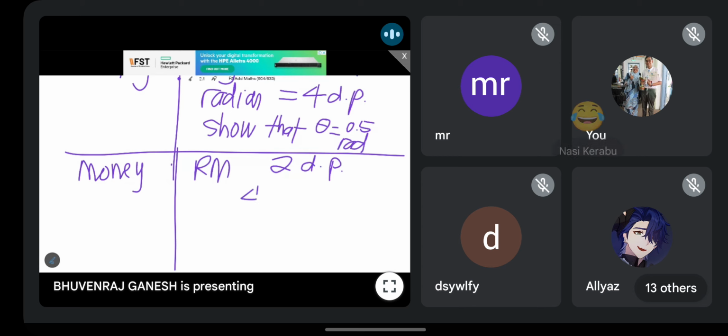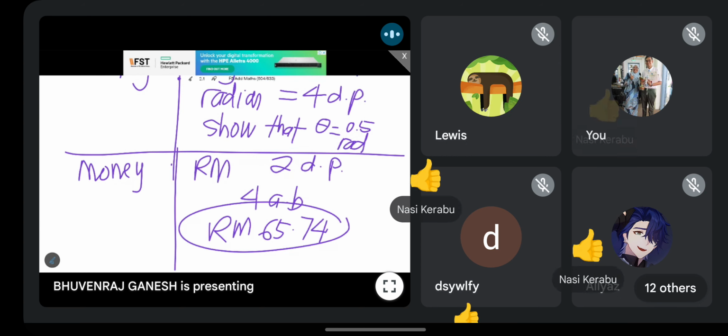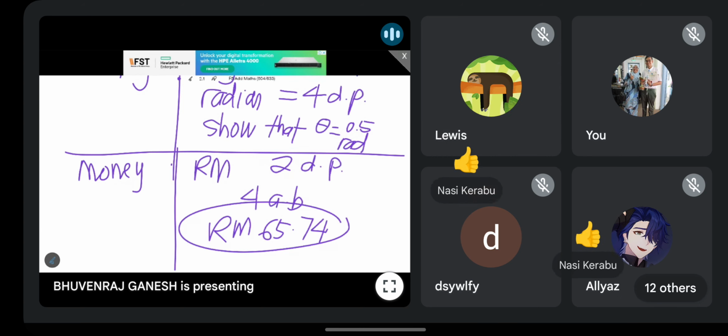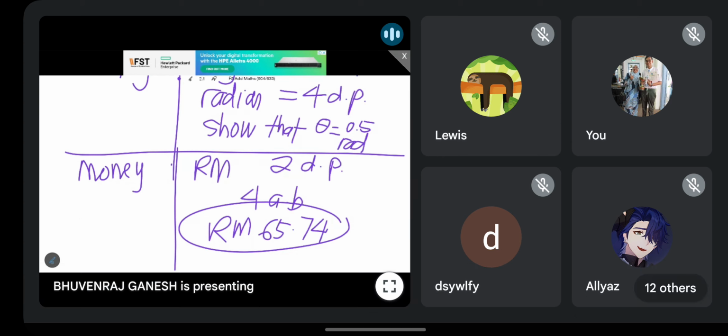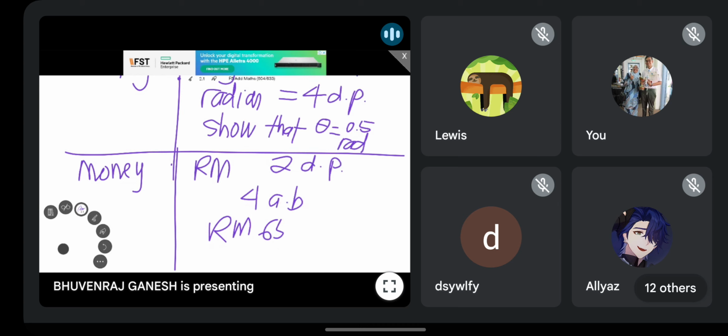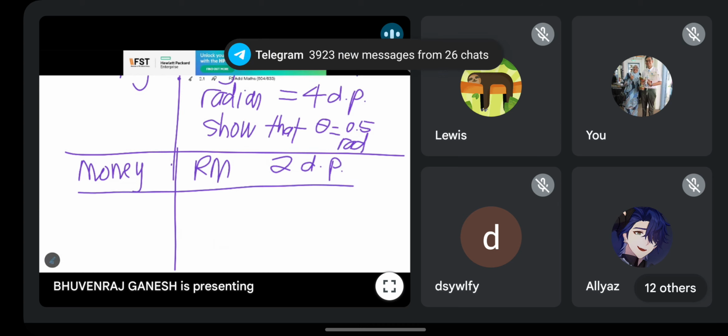Angka bererti yes, 4 AB, 4 significant figure. RM 65.74 ada 4 angka bererti, 4 significant figure. Tapi berapa dp? 2 dp. You all must know how to bezakan. You must differentiate decimal place and significant figure. Okay, so after money RM satu sajalah, tak ada lain.